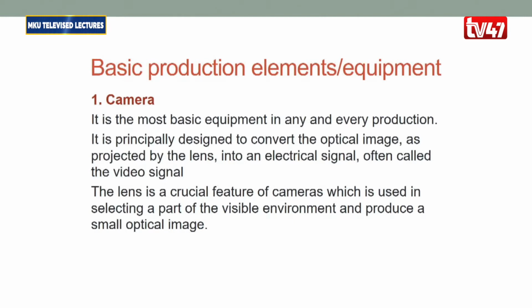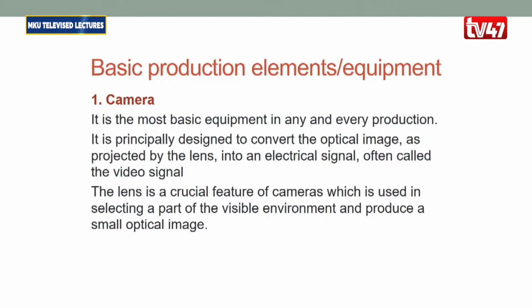So number 1, which is very important, is the camera. We say that it is the most basic equipment in any and every production. It is principally designed to convert the optical image as projected by the lens into an electrical signal, often called the video signal.